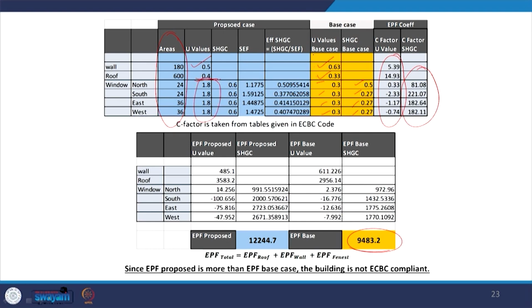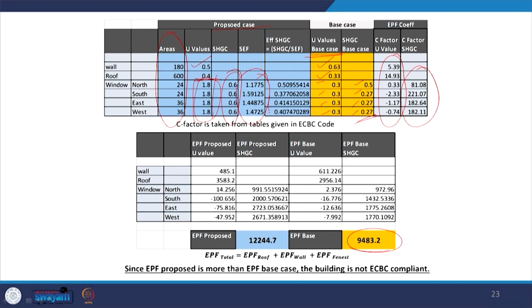So, we see that the base case is far better than the proposed case, because the U value is much higher here, and the SHGC which has been considered is also higher than what is proposed in the base case, 0.6, but there is shading provided. So, we calculate the SEF and we calculate the effective SHGC by dividing the SHGC of the window by the SEF as we have just seen.